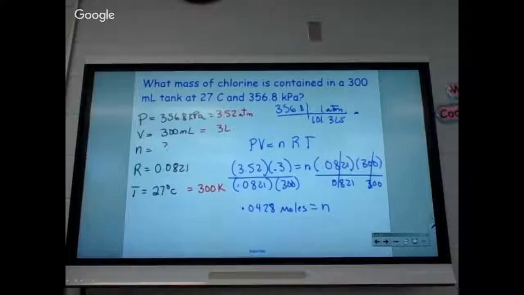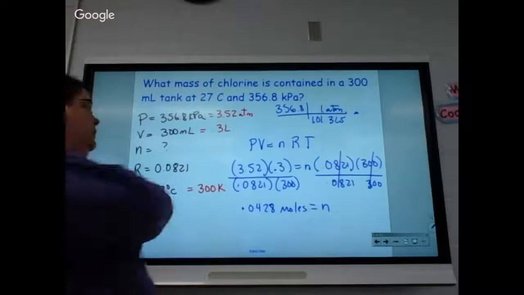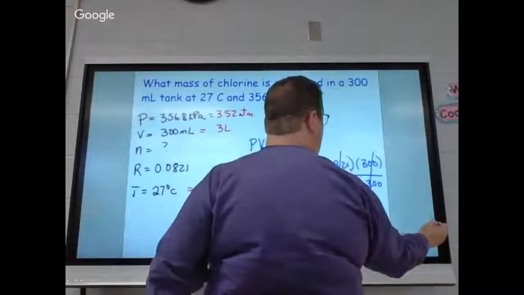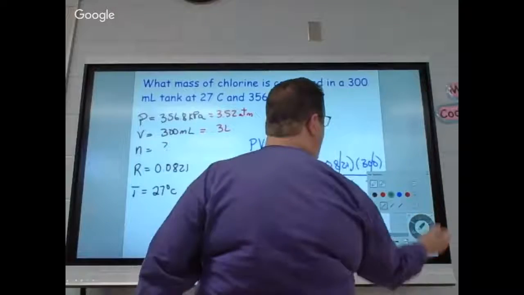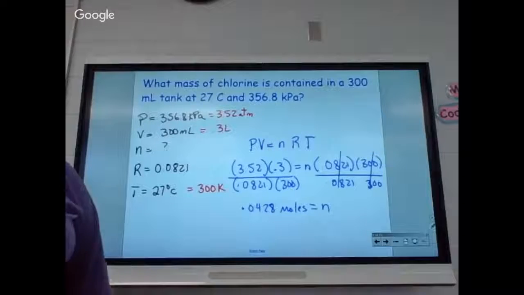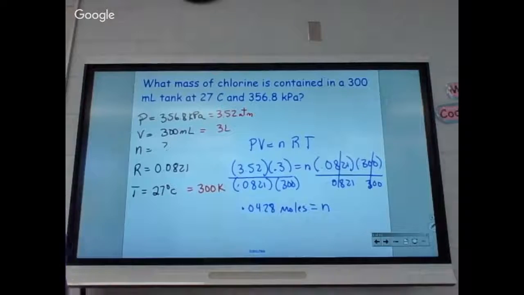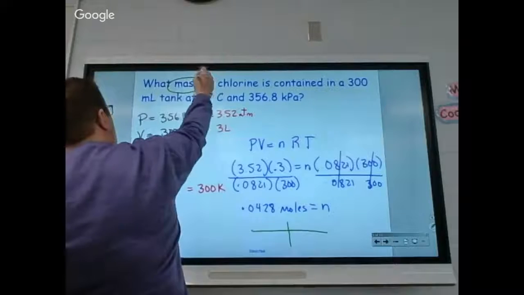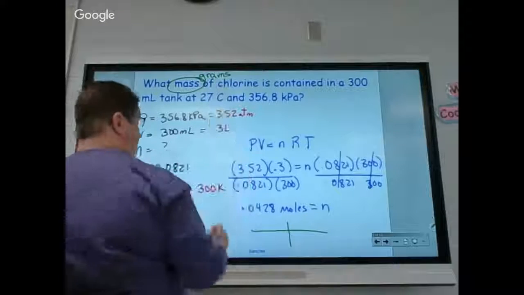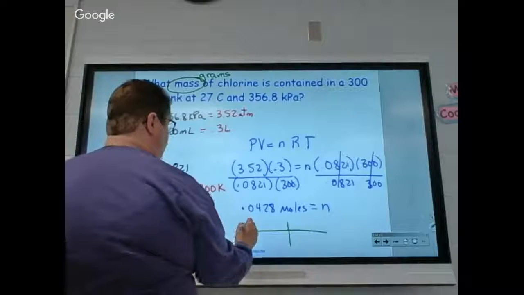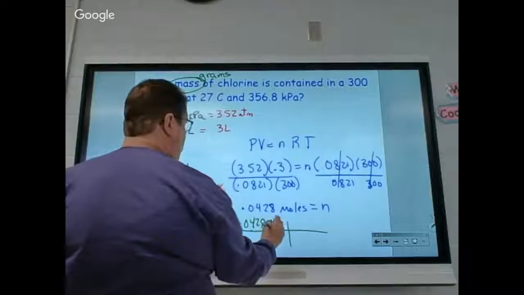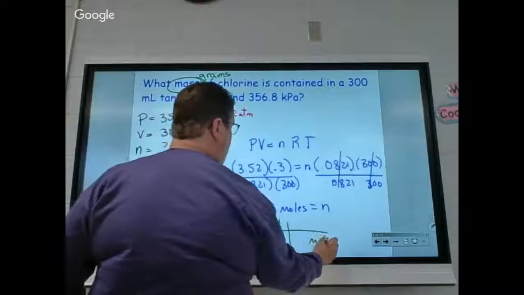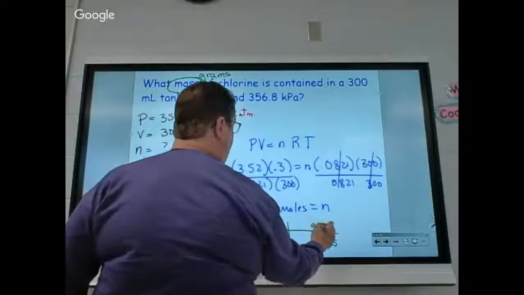All right, what's left? We're not done. What does the question ask us for? It asks for mass. We're not at mass yet. This is where most people stop. Moles is not mass, you don't get full credit yet. Grams is mass. Every time I say mass, I'm talking grams. So draw a T-chart: 0.0428 moles, moles on the bottom, grams on the top.